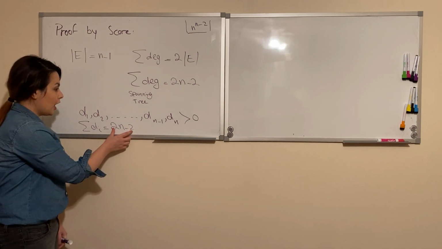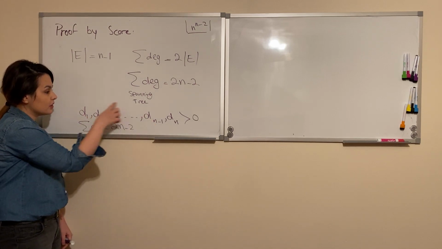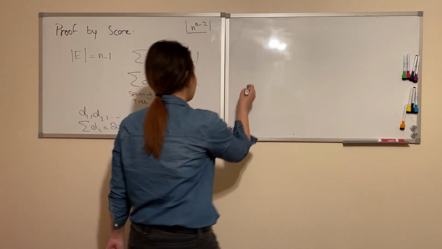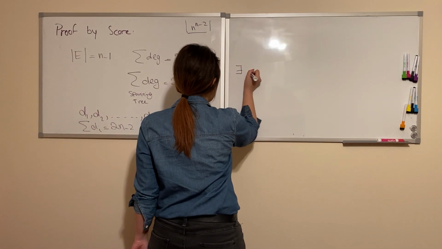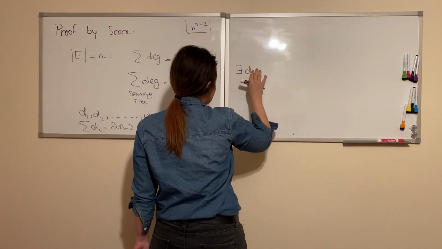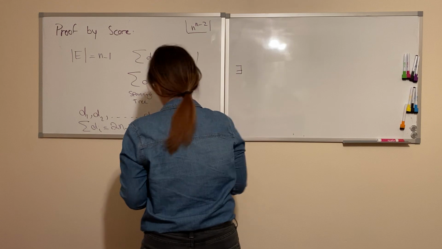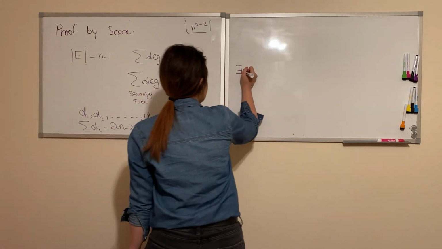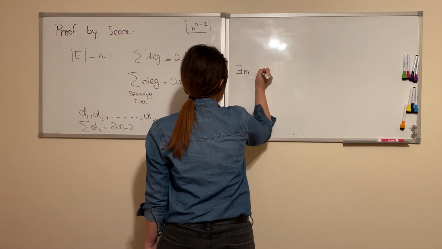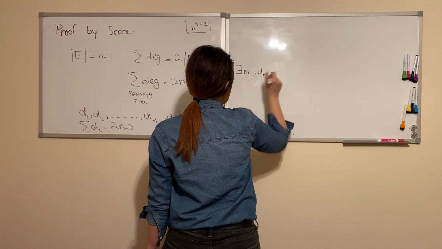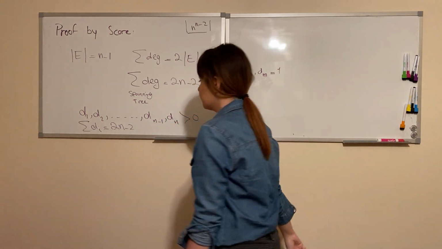From this, I can realize that at least one of these numbers is equal to 1. So I can say there exists, for example, m, such that the degree of vertex m is equal to 1.